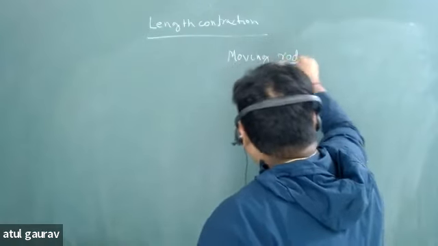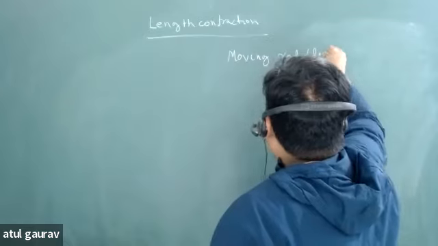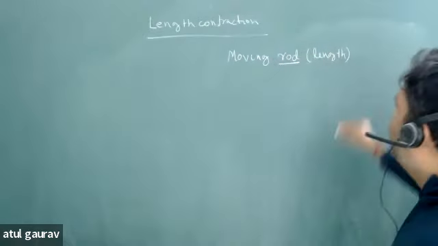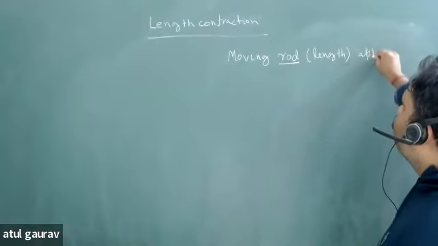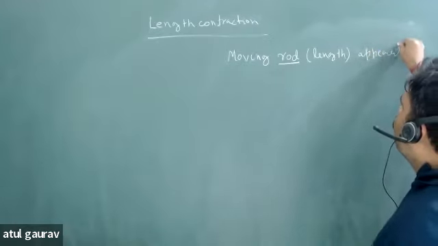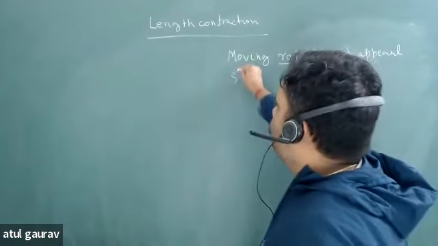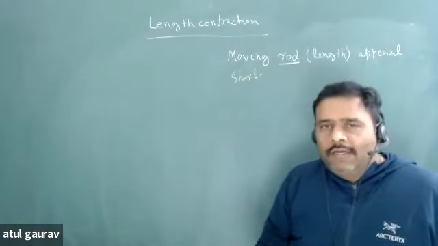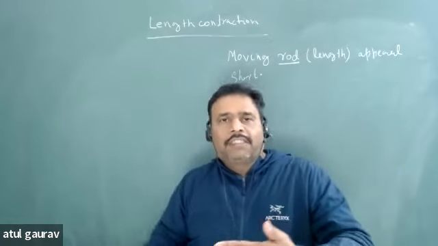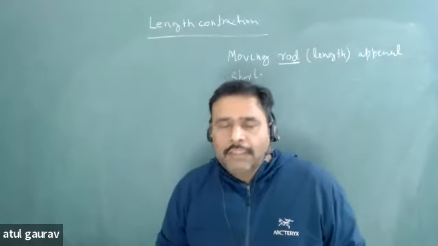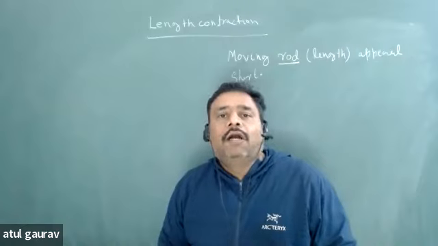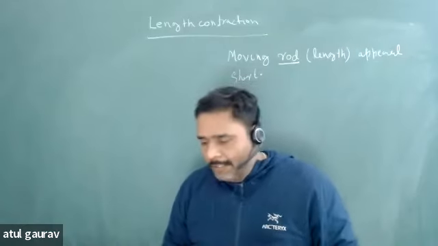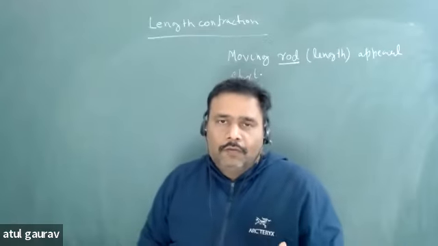If I am talking about a rod, that means I am talking about length actually. So a moving rod appears shorter. Now what will happen if you sit on the rod? There is no relative speed between you and the rod.